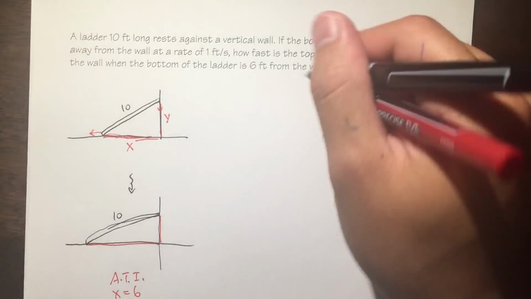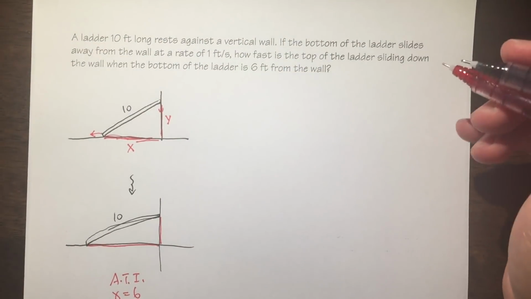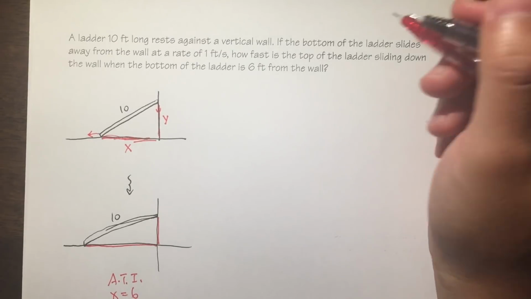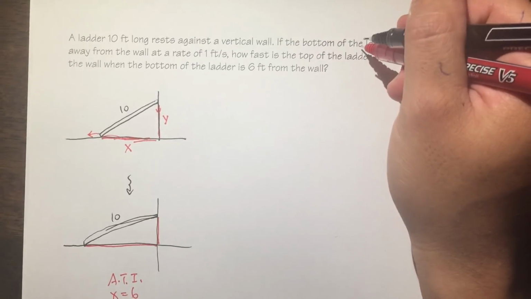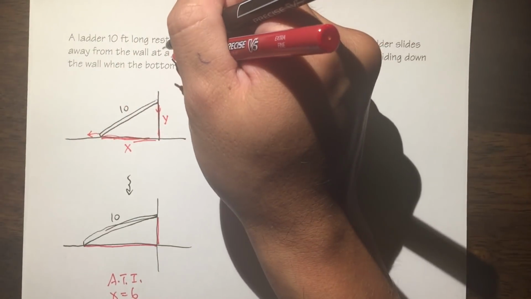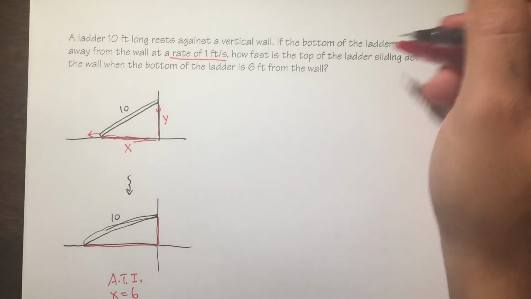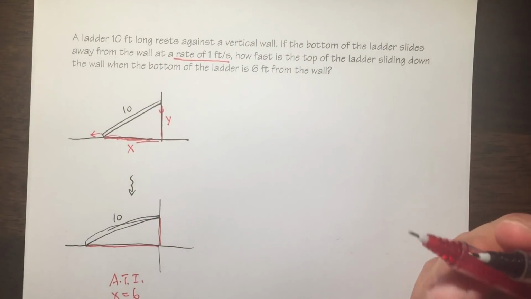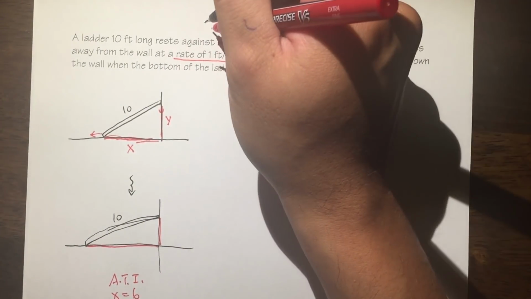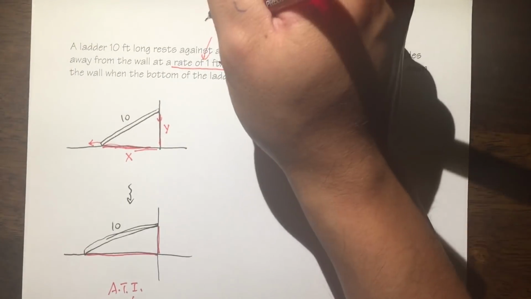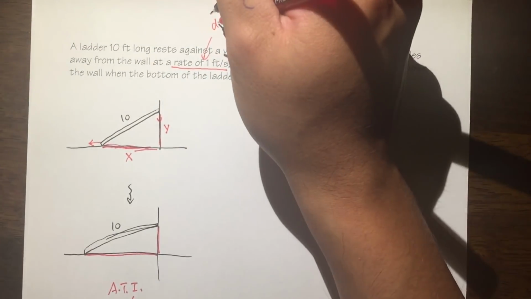And now let's go back to the question and pick up the things that we have. It says the bottom of the ladder slides away from the wall at a rate of 1 foot per second. The bottom, that's the x that we have right here, right? This right here tells us we have d what? dx.